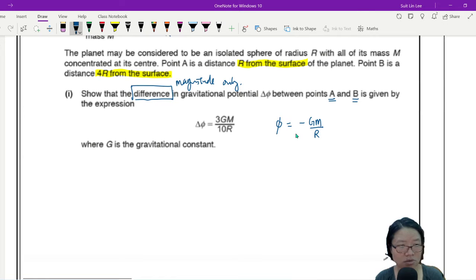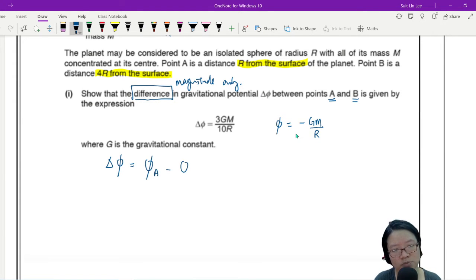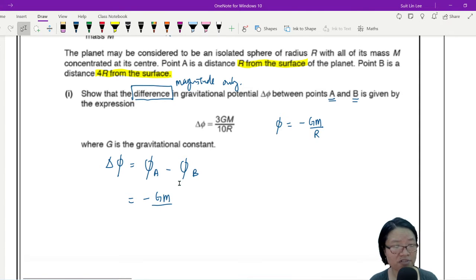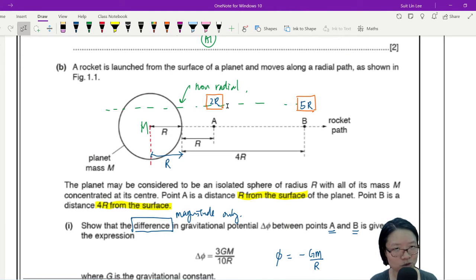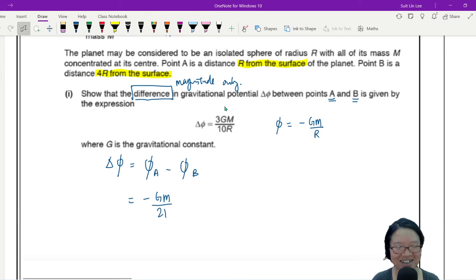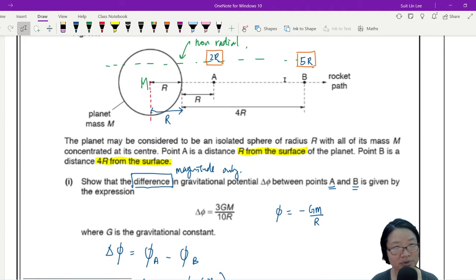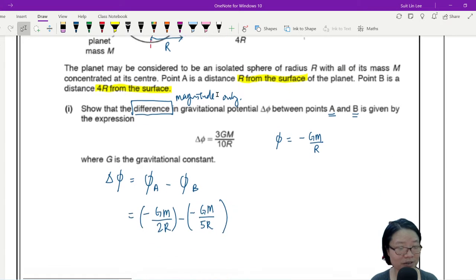I'm just going to take the difference in potential as potential in A minus potential in B. Very quickly, this is negative Gm, the distance of A is 2r. A lot of people will write r. From my experience, I may have written r also. Anyway, the other one will be Gm over 5r. So the distance from here to here is 5r, 2r.